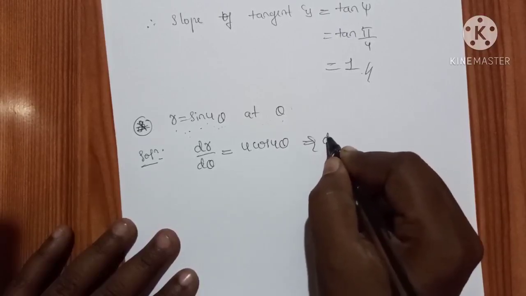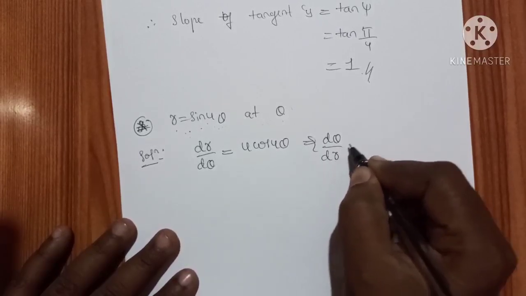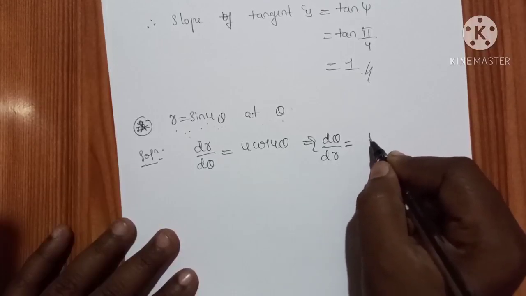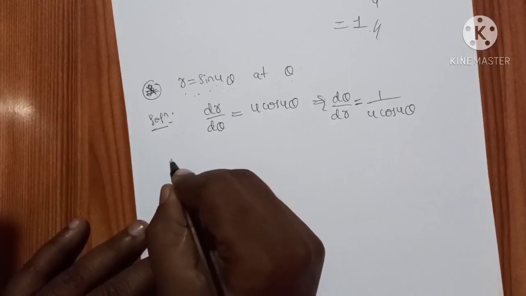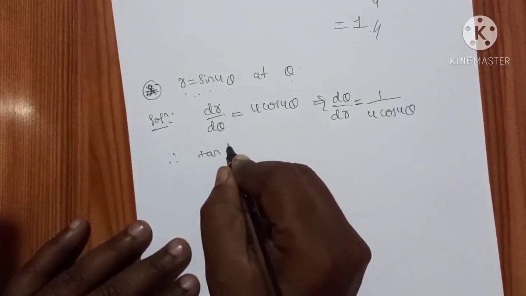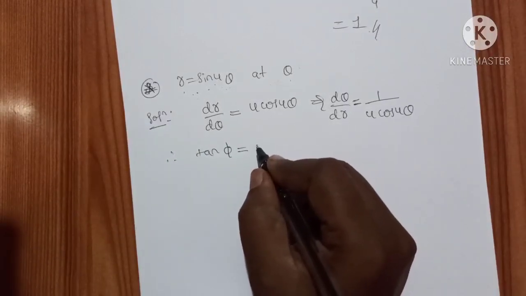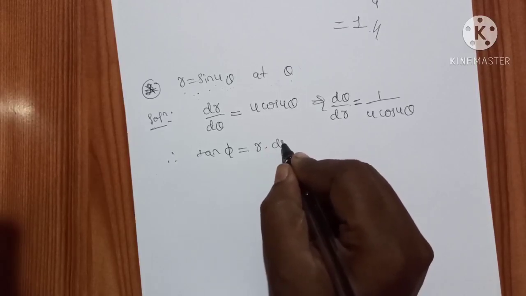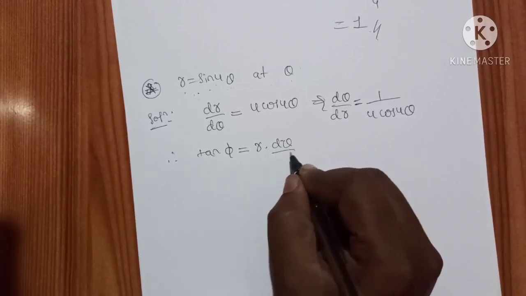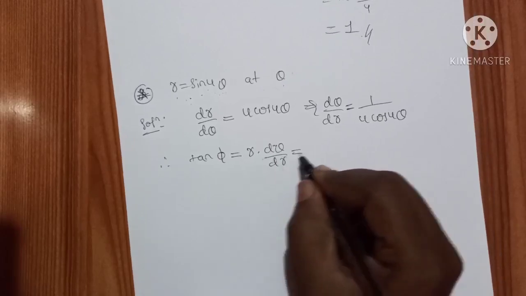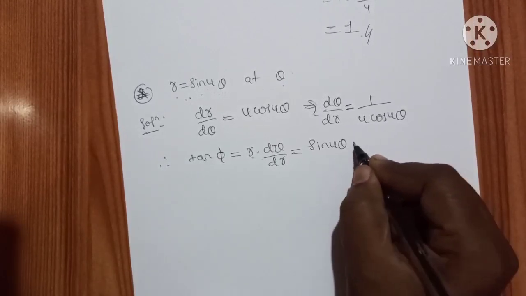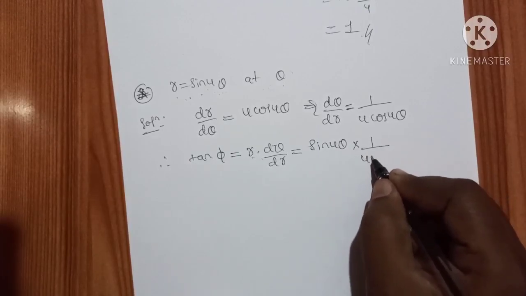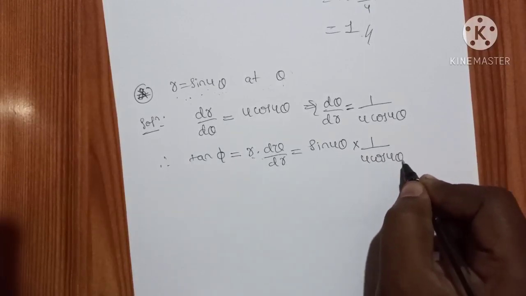Taking reciprocal, we get d theta divided by dr equals 1 by 4 cos 4 theta. Therefore tan phi equals r into d theta divided by dr, and substituting the r value we get sin 4 theta into 1 by 4 cos 4 theta.